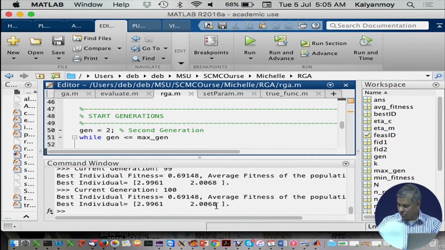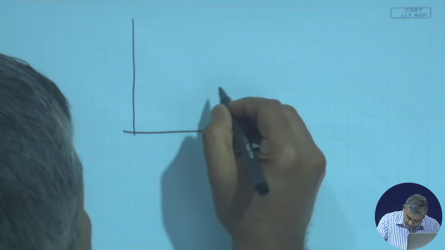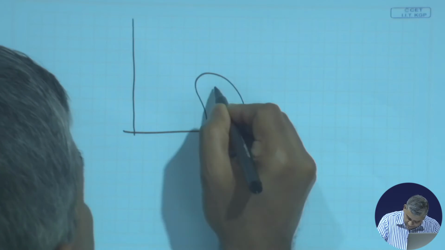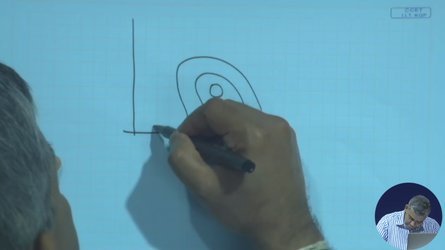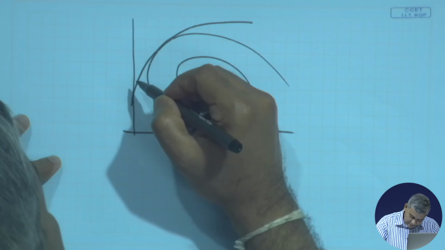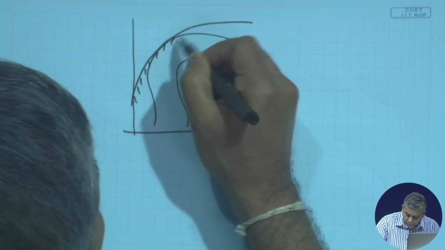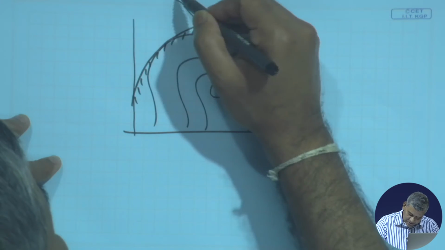So just to tell you what had happened in this problem, if you recall, it was sort of like this, right? But then it goes like this, and then here was a constraint that said this side is feasible, and here is another constraint that says this side is feasible.